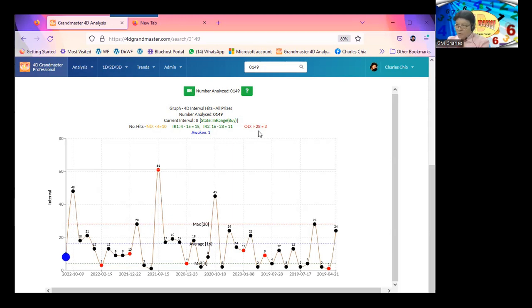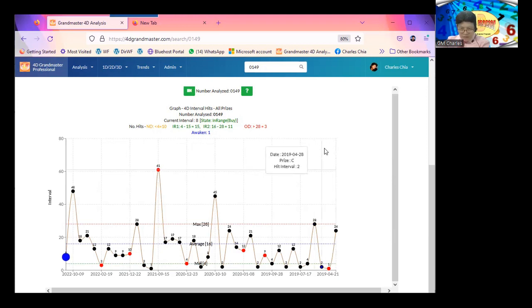Some people thought OverDue means a good number, that it has been a long time and income is coming. Not true. Before I analyzed numbers, I thought OverDue was very good, until I analyzed the data. OverDue is the worst, followed by NotDue. So you must buy a number when it's in range, okay?